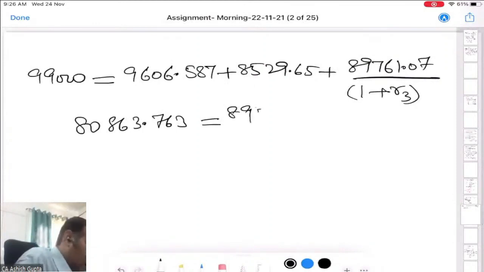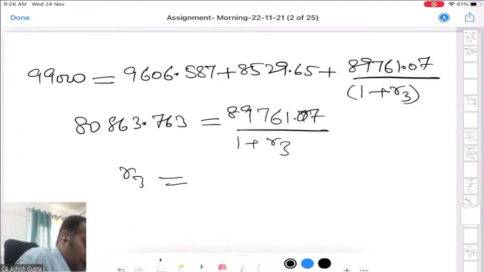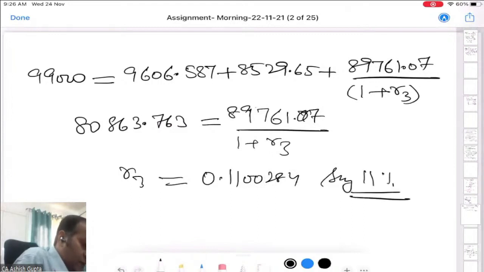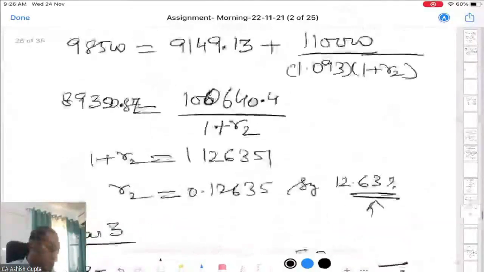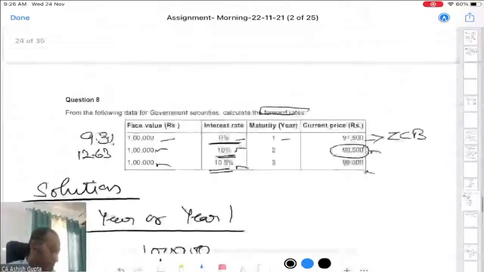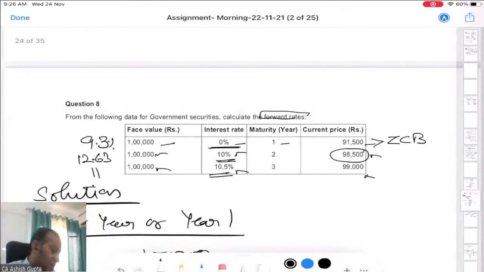This value 89,761.7007 upon 1 plus R3. So R3 comes here 0.11028, say 11. So here the forward rate for this year will be 11.